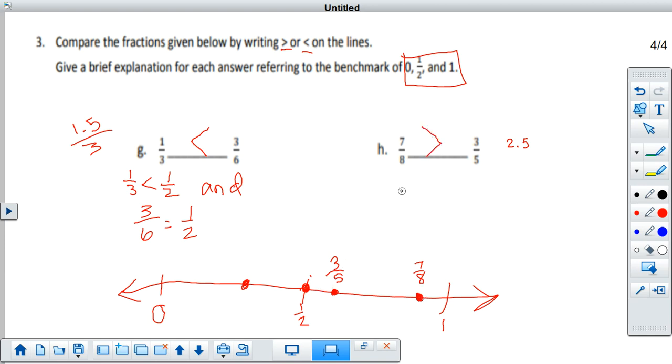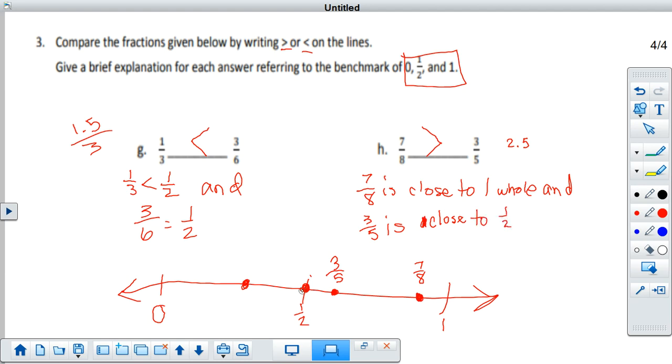My reason, I can't just say 7/8 is bigger than 1/2, 3/5 is greater than 1/2. That doesn't prove that the 7/8 is bigger than 3/5. I would have to say that 7/8 is close to 1 whole, and 3/5 is, let's say, close to 1/2.